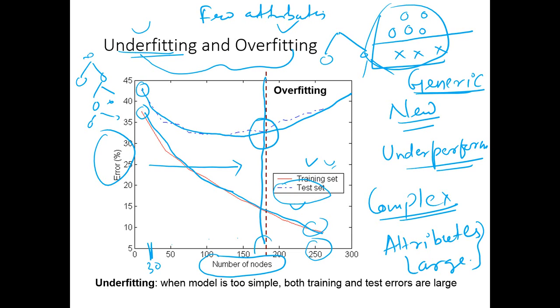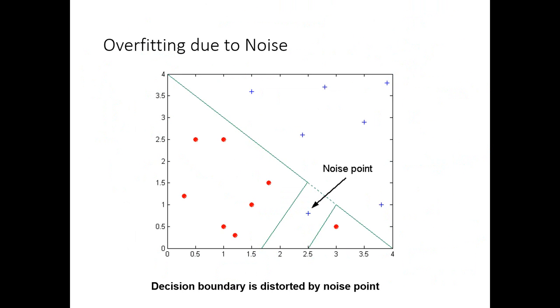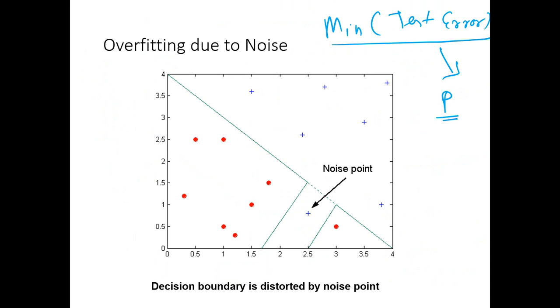So the test error is minimum at 170 or 80, that place, right? So always minimize test error. This is the error cost function we have to build. The number of nodes, denoted by p, depends on what the test error is, and whether it's minimum or not.